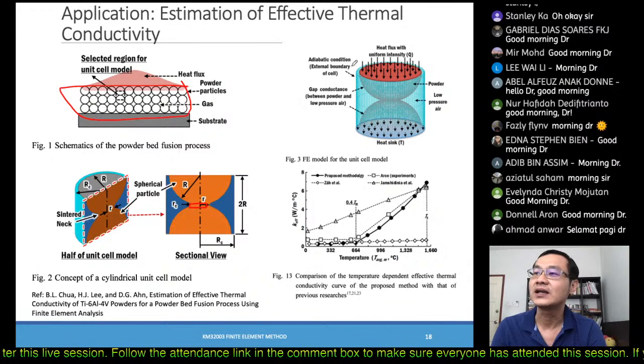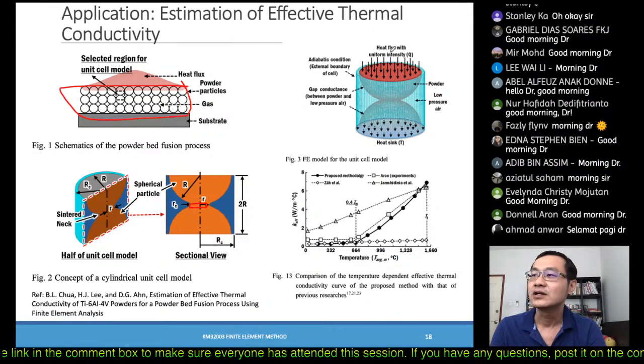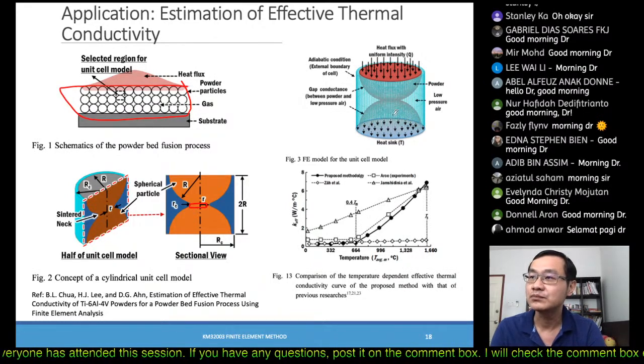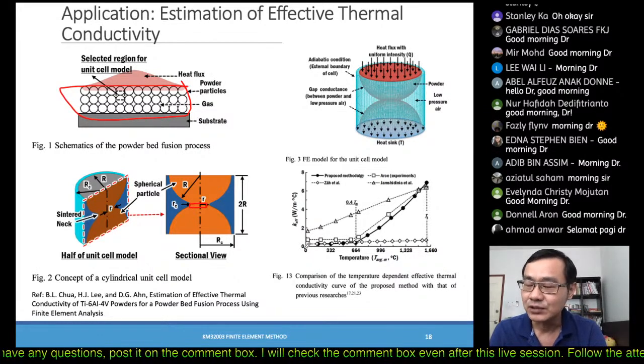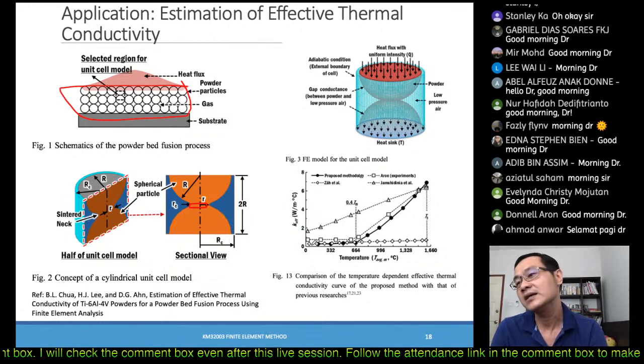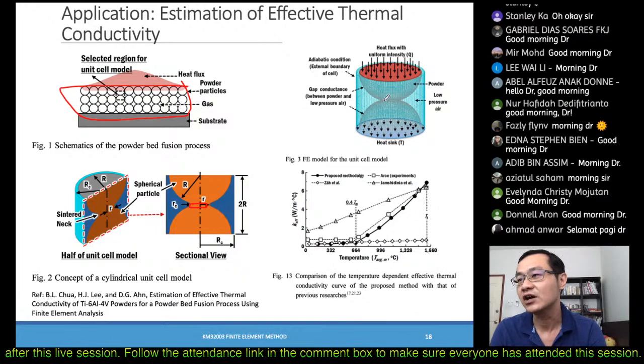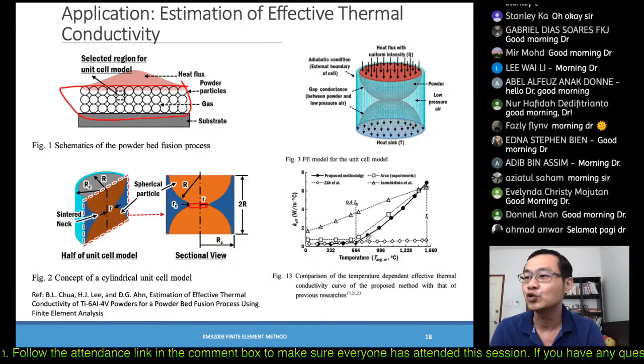This is the finite element model itself, with heat from one side going out from the other side. Eventually, using this method, with temperature dependent conductivity as well as the changing of the neck according to the temperature.